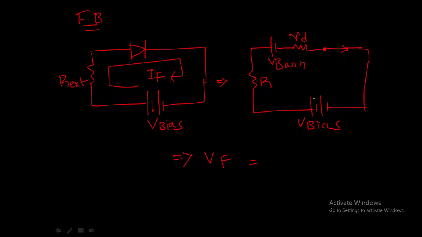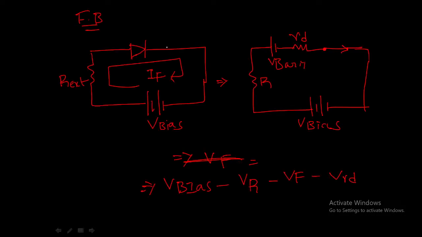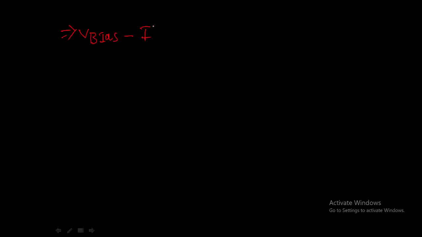If we apply Kirchhoff's law, we get V bias minus the voltage across R, let's say VR, minus Vf, minus the voltage across RD, let's say VRD. Now VR is equal to I into R, so I will apply Ohm's law here: IF into R external, this is the external resistance, right?